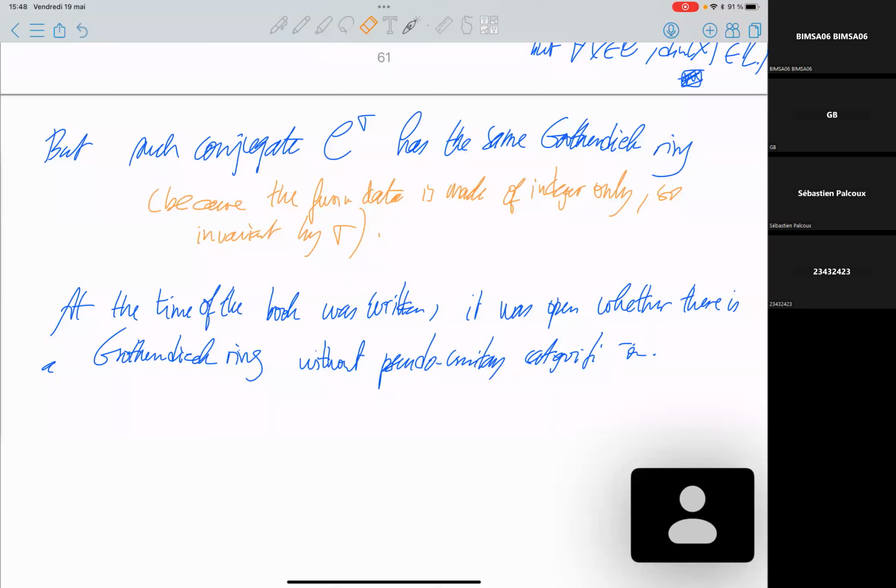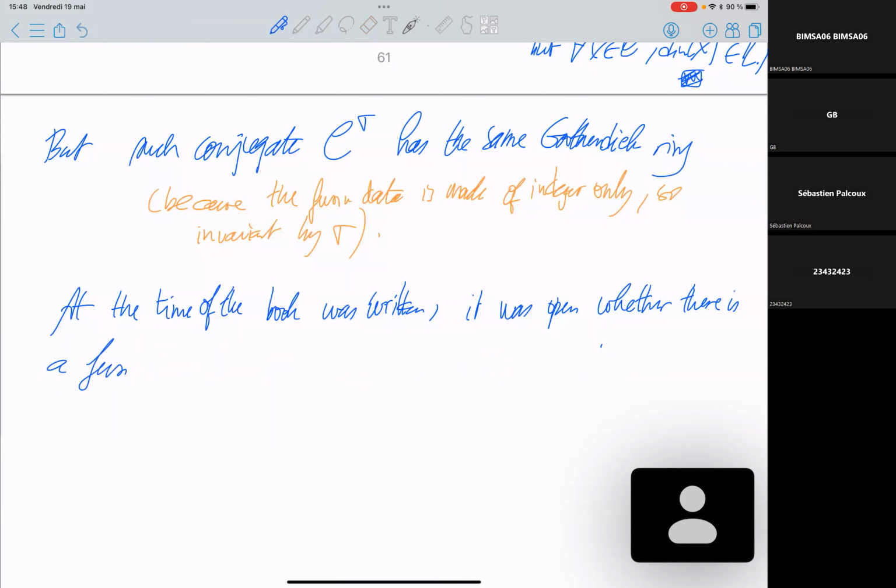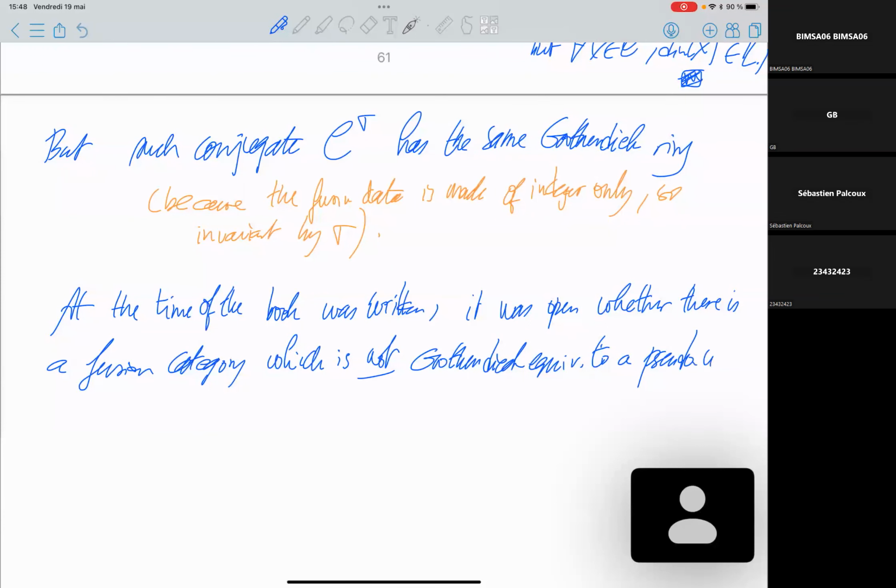So let me state it like that: whether there is a fusion category which is not Grothendieck equivalent, so same Grothendieck ring, to a pseudo-unitary one.